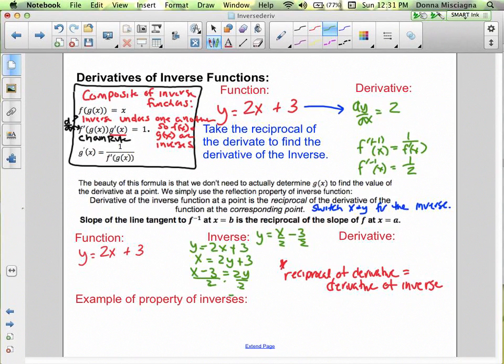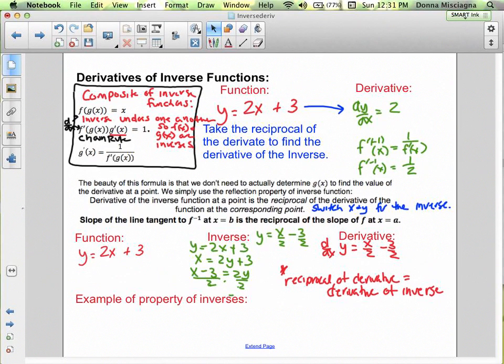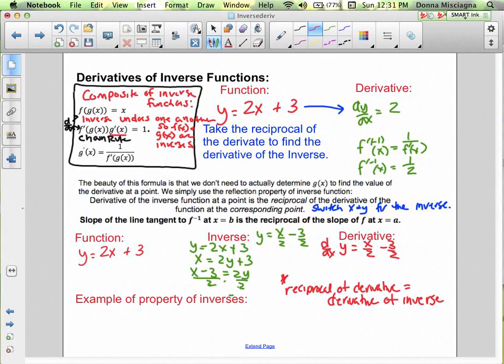And if we take the derivative of y equals x over 2 minus 3/2, the derivative of y is dy dx.